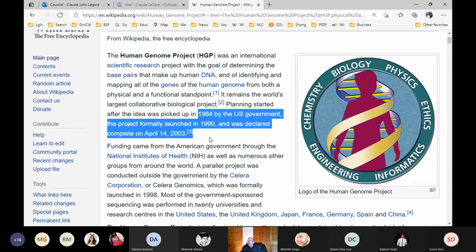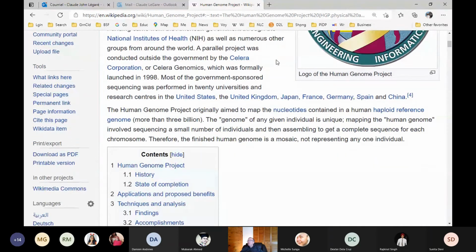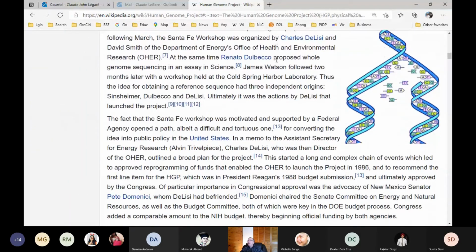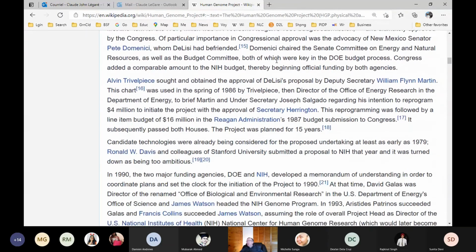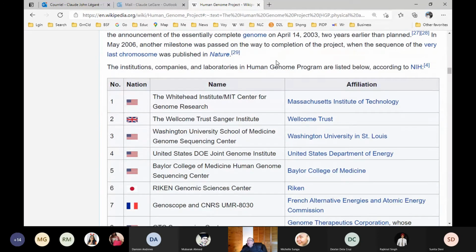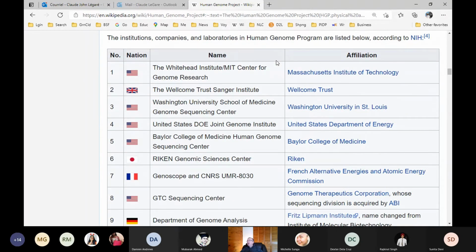A huge project, a daunting task, and I was trying to find out how many people worked on it. I couldn't really find it in the last 10 minutes because I didn't have time to make a big search. I just had this idea a few moments ago.